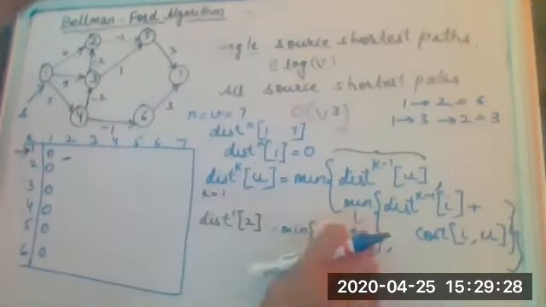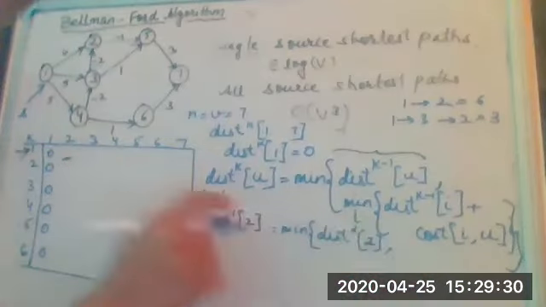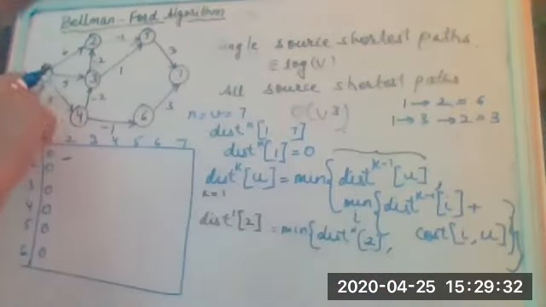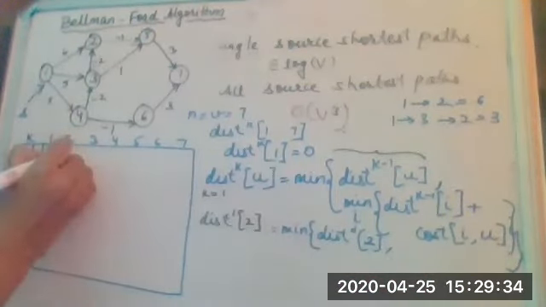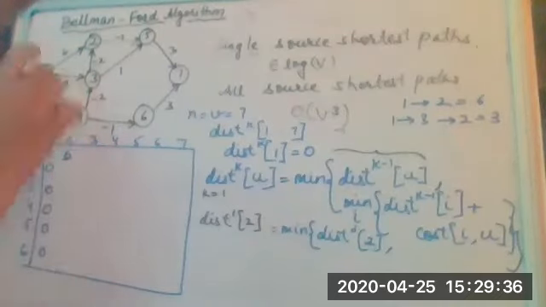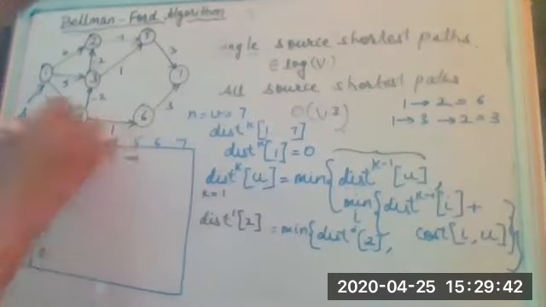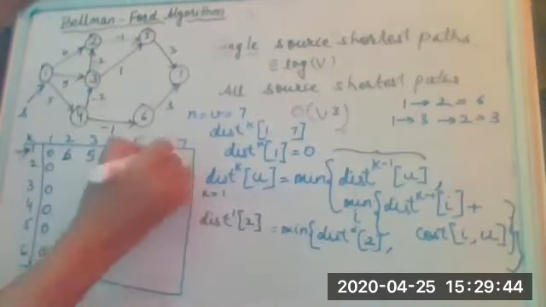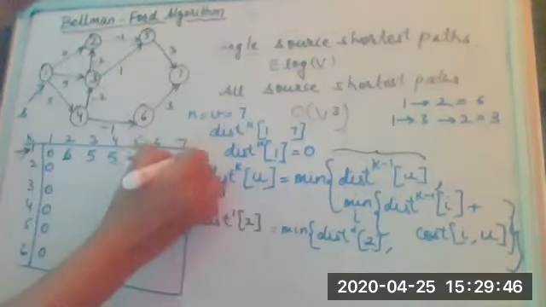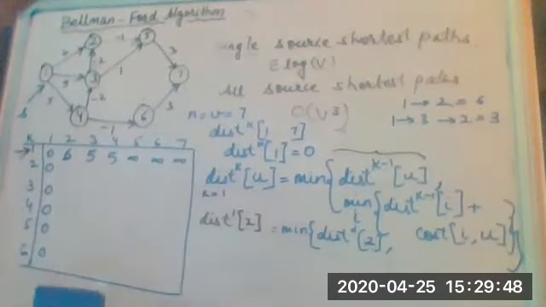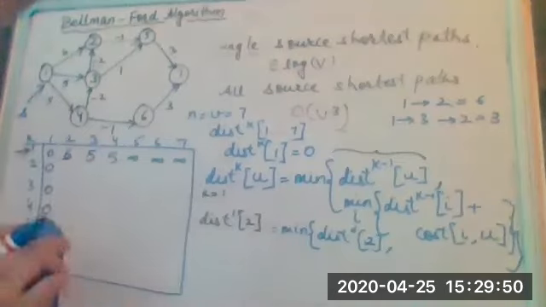So in this case, the distance of 2 is, 1 to 2 is 6, 1 to 3 is 5, 1 to 4 is 5, 1 to 5 is infinity, 1 to 6 is infinite, 1 to 7 is also infinite. Fine. So this row is done.